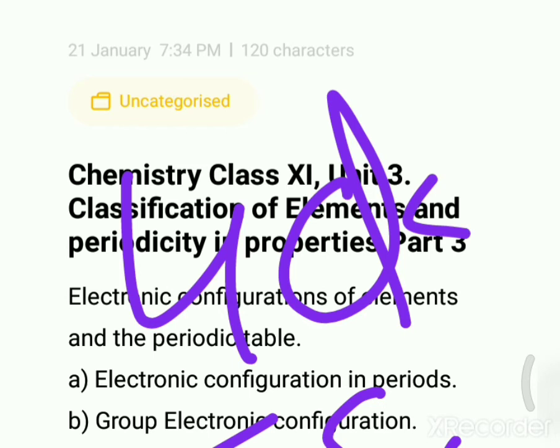So the total number of orbitals available is 9. So the maximum number of electrons that can be accommodated is 18. Therefore there are 18 elements in the fifth period.